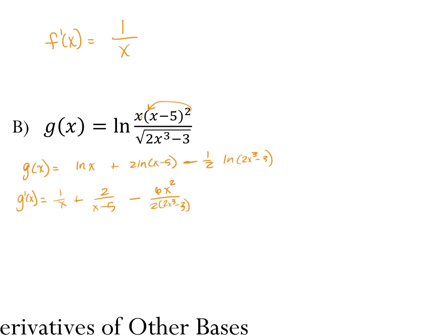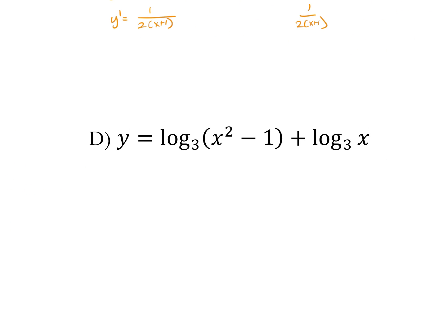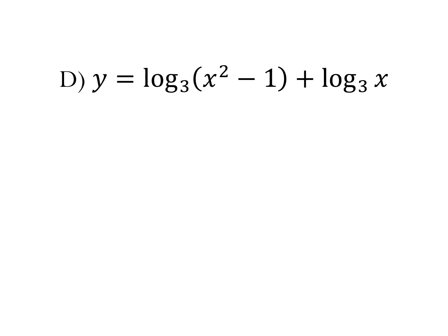All right, let's do one more. For starters, are you guys okay with me rewriting this and doing the opposite of what we've been doing, and write this as x squared minus 1 times x and combining them together?